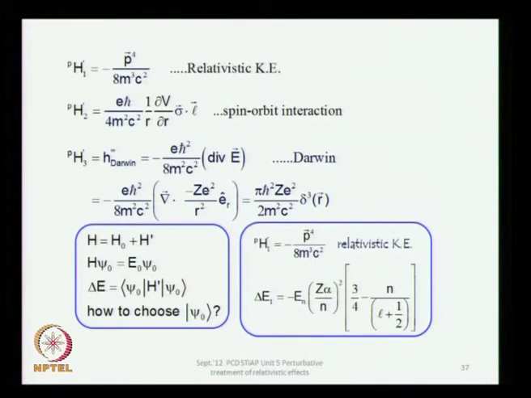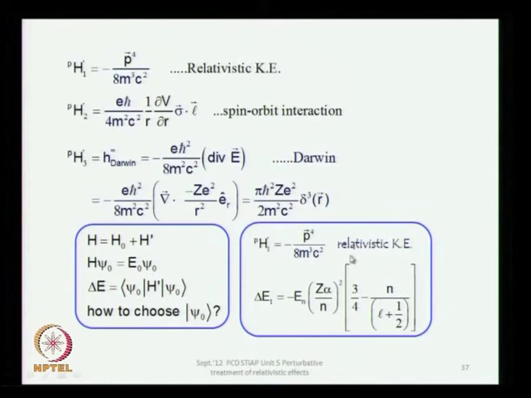And in our previous class we estimated the perturbative corrections to the non-relativistic energy, in which the correction is obtained by determining the expectation value of the perturbation Hamiltonian in the unperturbed state, and we did this for the relativistic kinetic energy term.